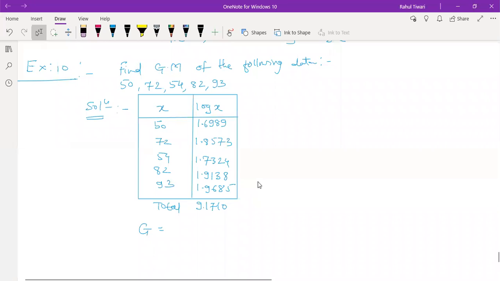G is equal to anti-log of summation of log x upon n.